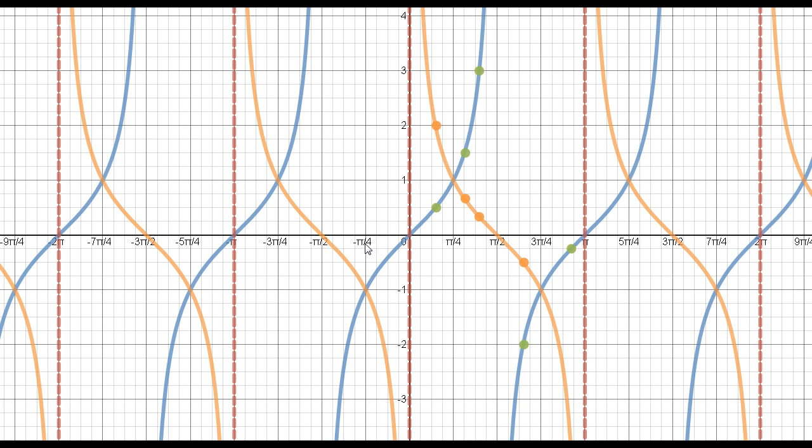It's just that when we consider the period, we want to consider one complete branch of it. So we go from negative pi over 2 to pi over 2 if we're looking at tangent, that's the blue graph, and we go from 0 to pi if we're looking at cotangent. So tangent graphs go uphill left to right, cotangent graphs go downhill left to right with asymptotes at multiples of pi.